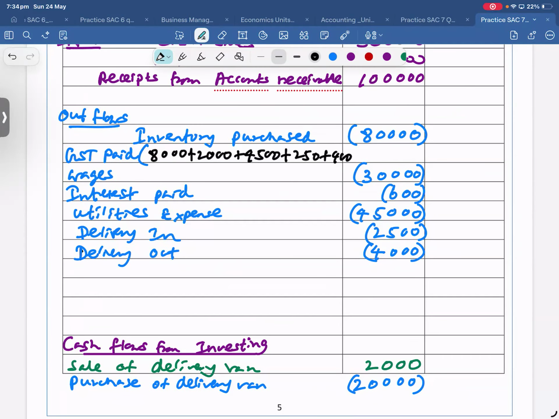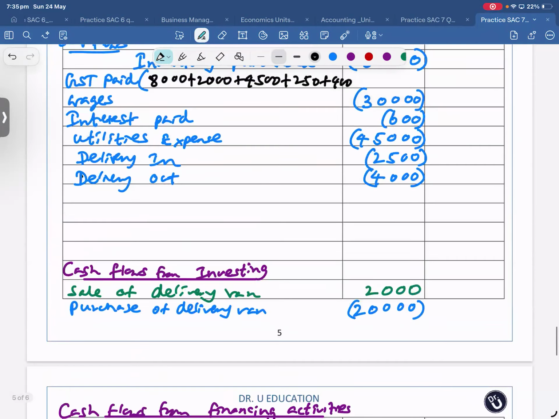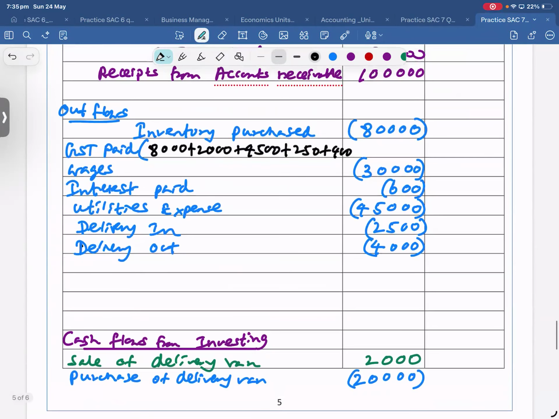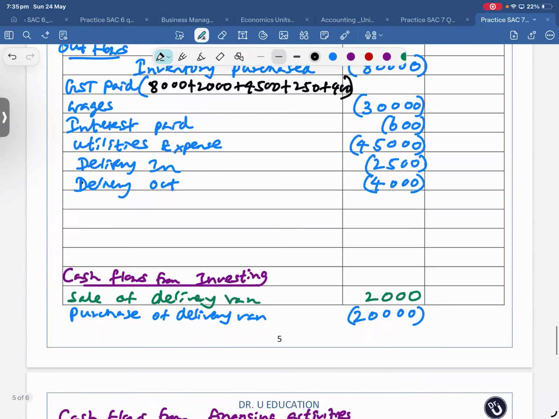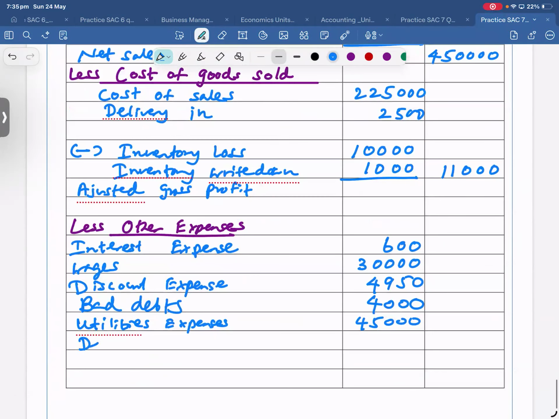It's less by 3 lines. Okay. Right. Delivery out 4,000. Then GST 400. That's it for the GST, guys. And then we are going to report delivery out, other expense, bank balance ending and stuff. 4,000.